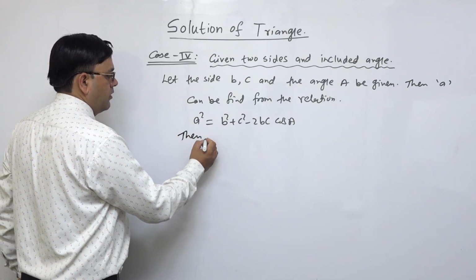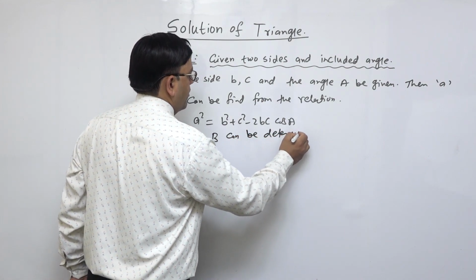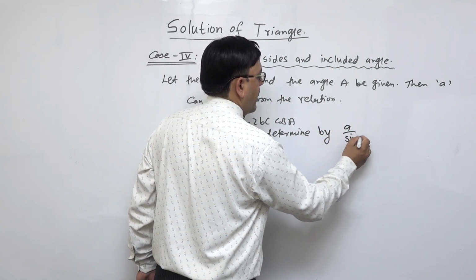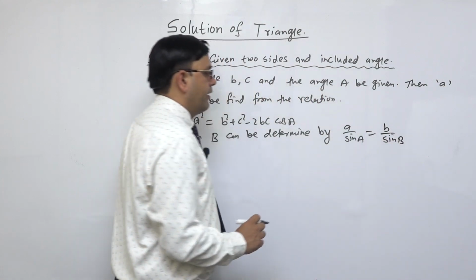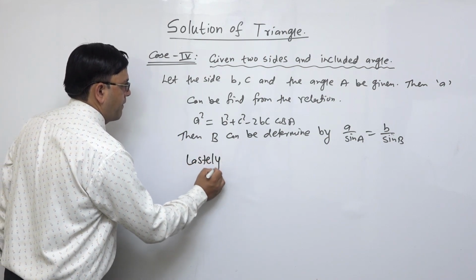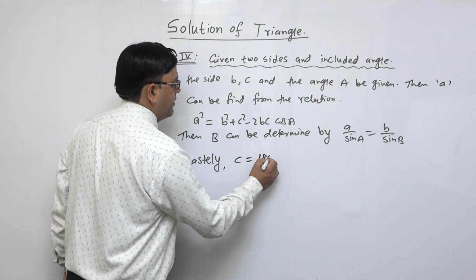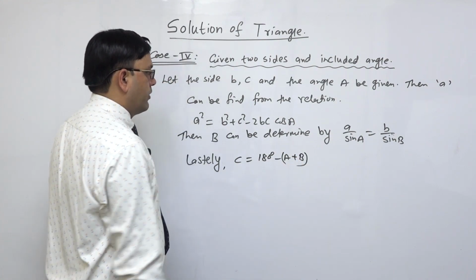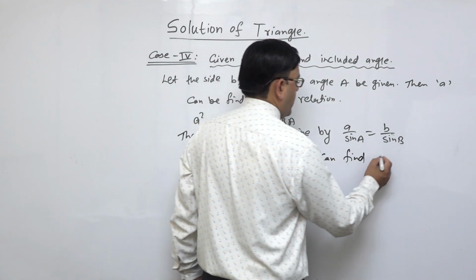Then B can be determined by a by sin A is equal to b by sin B. And then lastly, C is equal to 180 degree minus (A plus B). We can find C also.